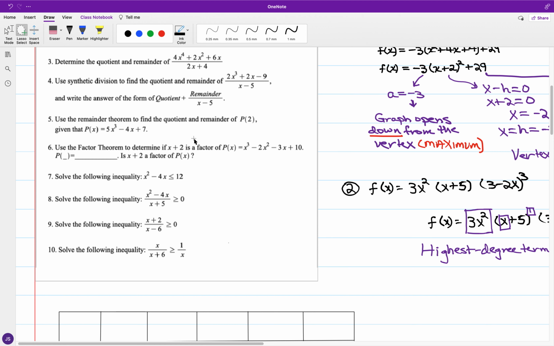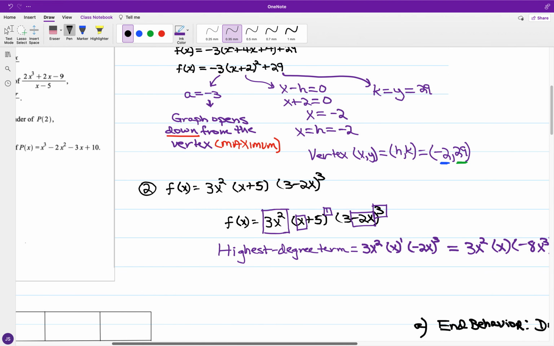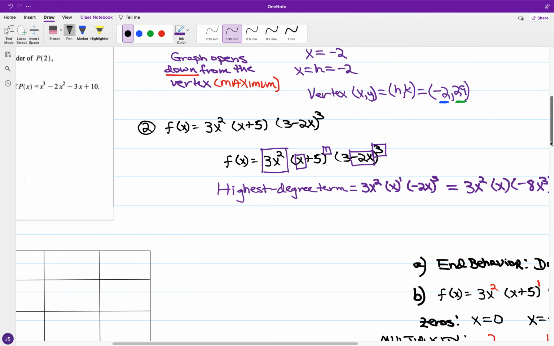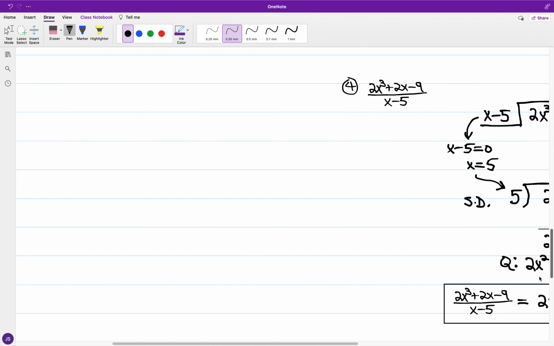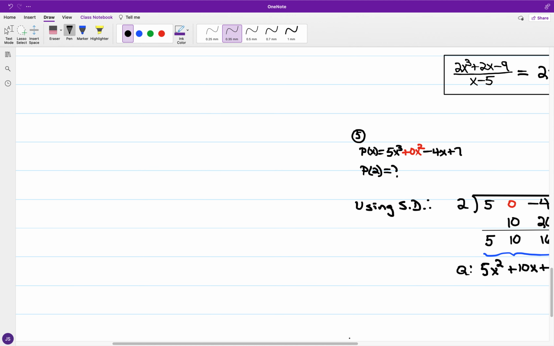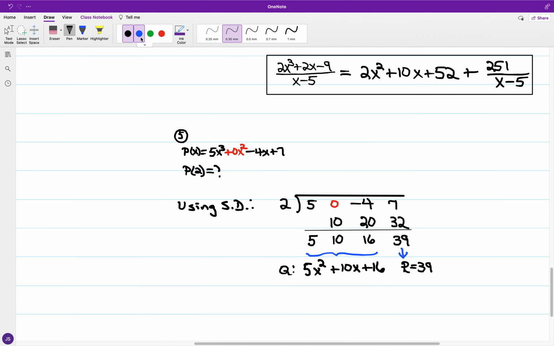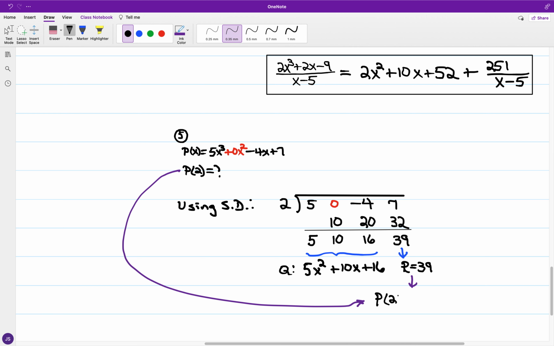So for the remainder of p of 2, let me just restate this: p of 2 and the remainder will be one and the same. So p of 2 is equal to 39.